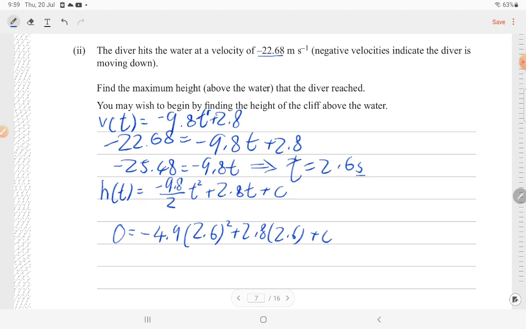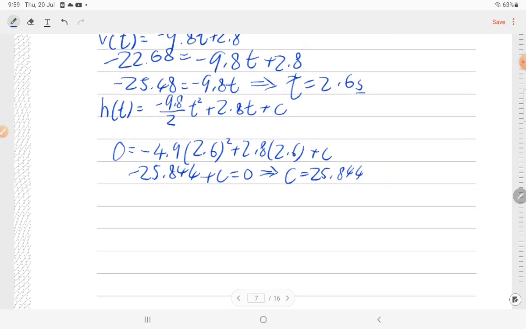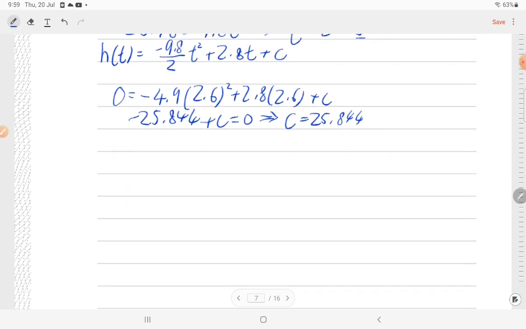This means negative 4.9 times 2.6 squared plus 2.8 times 2.6, which is negative 25.844, plus c is equal to 0. This gives c is equal to 25.844, or if we round to two decimal places, 25.84.